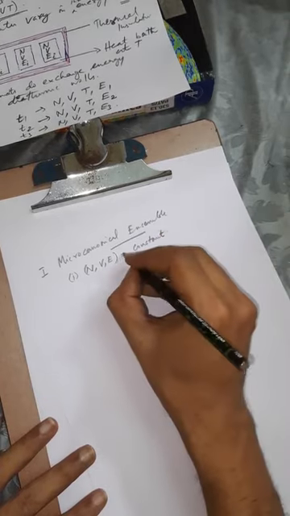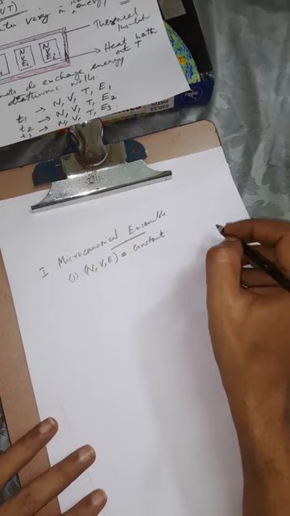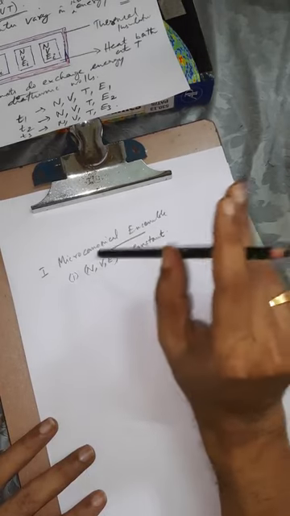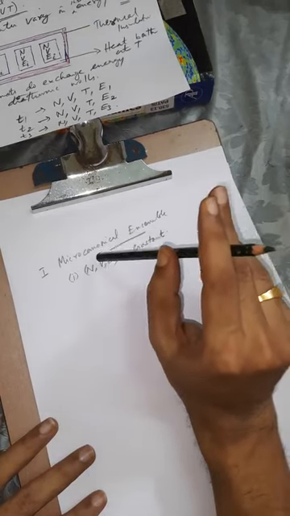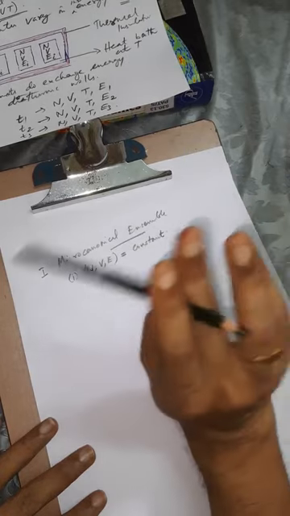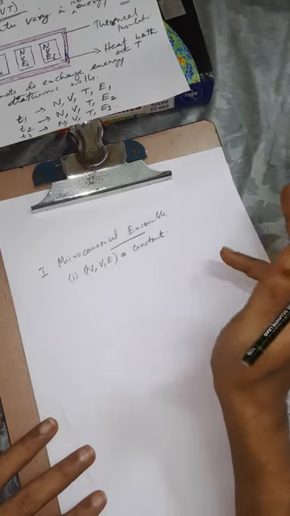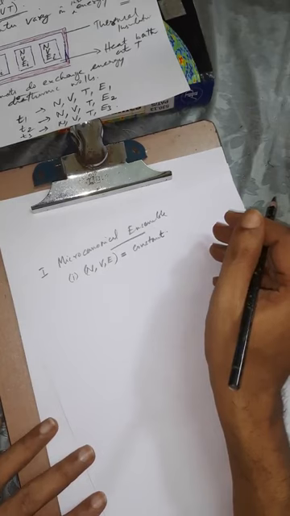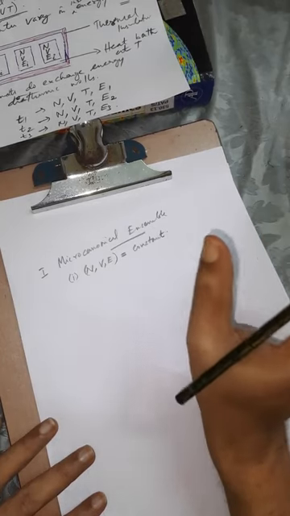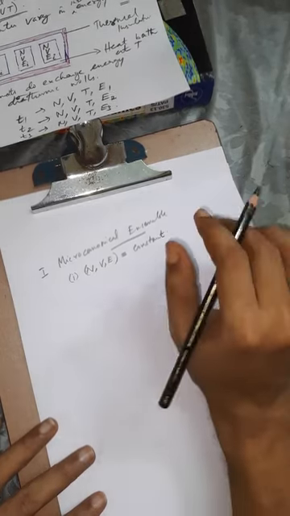NVE as constant. That means number of particles, volume, energy are all constant. So what is the macro state of this microcanonical ensemble? It is the NVE. So that represents the macro state.